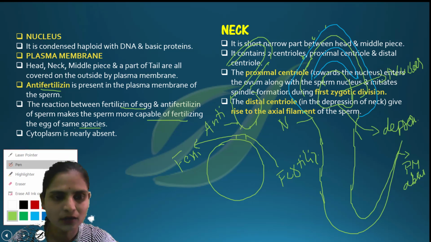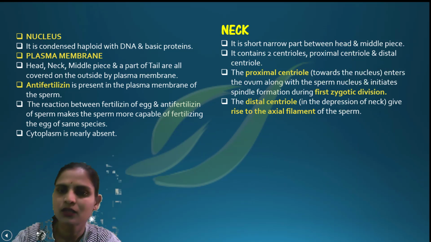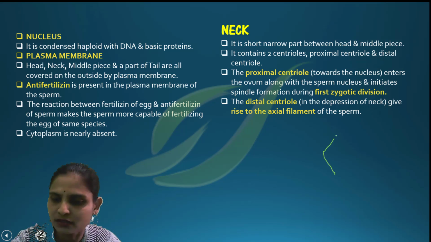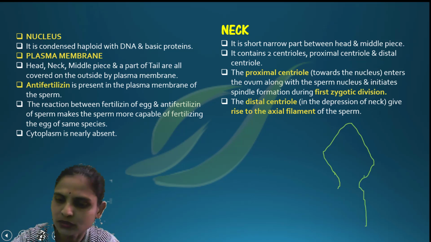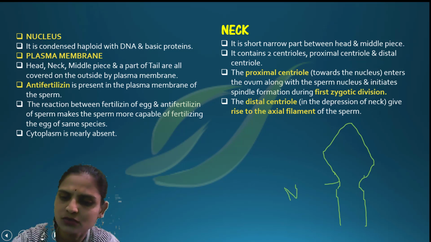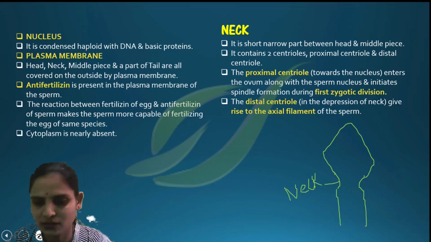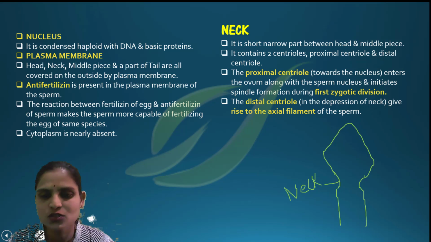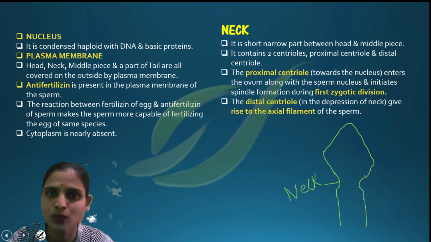Next we are going to study the neck. The neck is present just below the head and above the middle piece. This is the neck part, a slight narrow depression. The neck consists of two centrioles, the proximal centriole and the distal centriole.